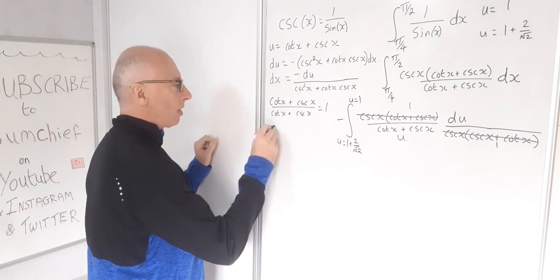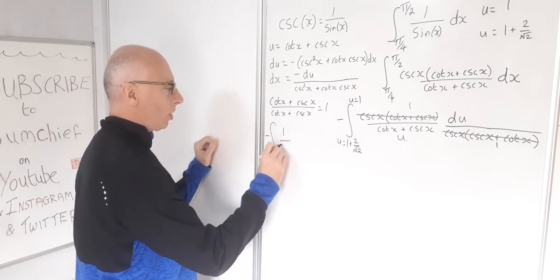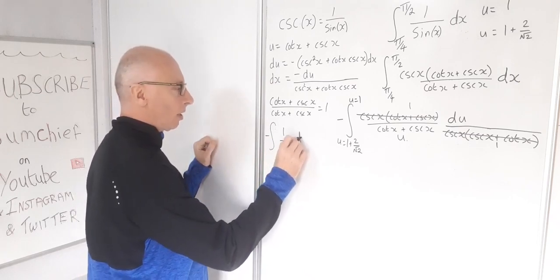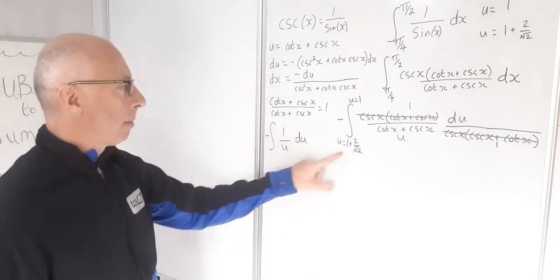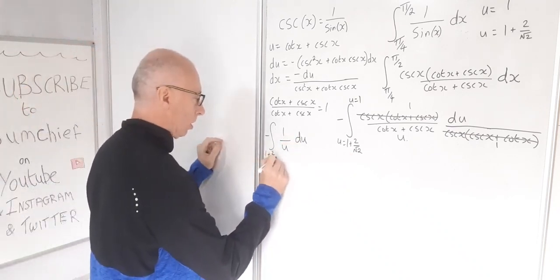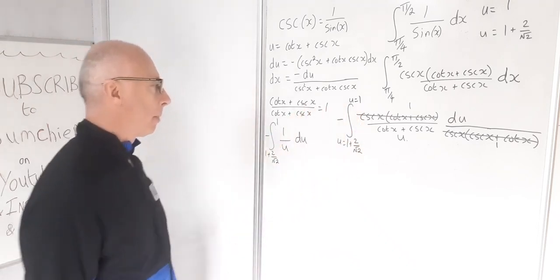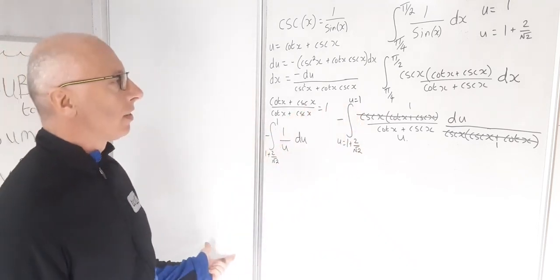So now write this off over here. So we've now got negative 1 over u du. And then our parameters, 1 plus 2 over root 2 and 1. That's our parameters. How much simplified does that look?